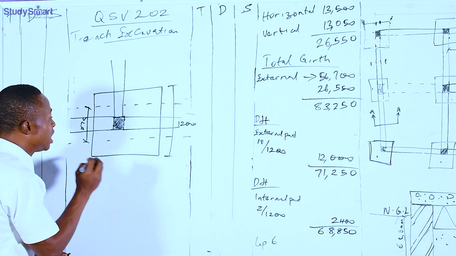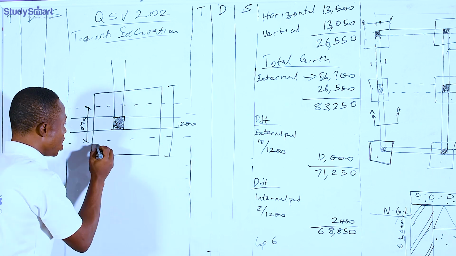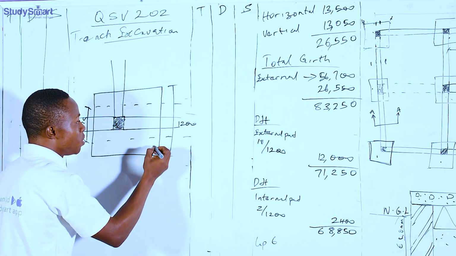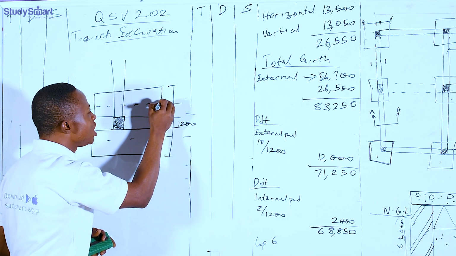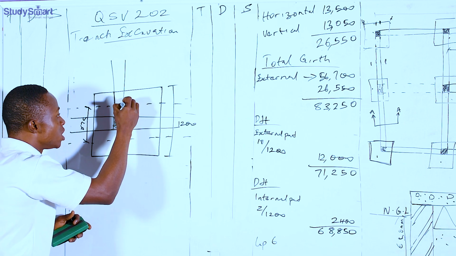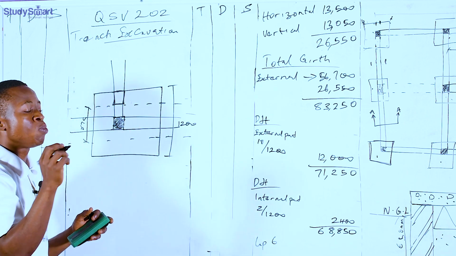The only thing we deducted is from here to here. Check this place. From this place to this place, that's what we deducted. We did not deduct from this place to this place, and it's going to be covering this small part. That's what we now want to calculate, that is going to be the deduction.